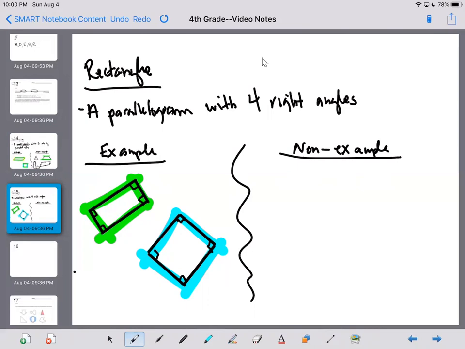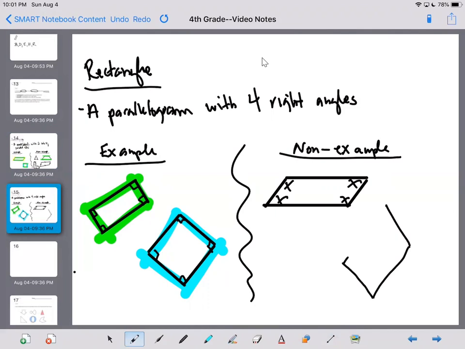Some non-examples would be, well, it is a parallelogram, but in this case, notice the angle measures. They're not right angles. Again, no right angles. So rectangle is a parallelogram with 4 right angles.